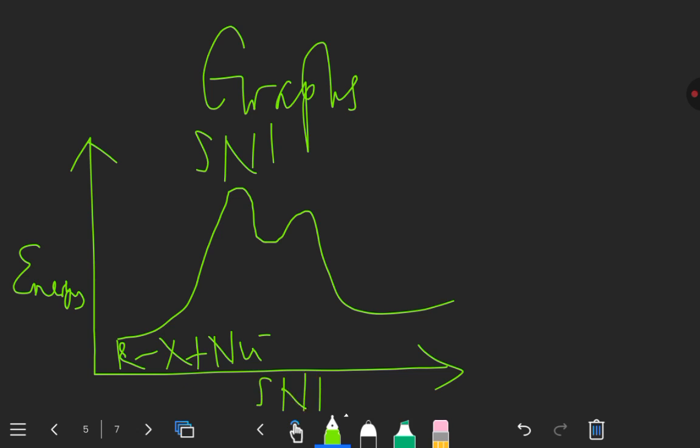So this is the reaction occurring. This compound plus a nucleophile. Then we'll have a rate limiting stage, which is here, where the carbocation is, the leaving group is able to leave. That is the rate limiting stage, which is more like a transition stage.